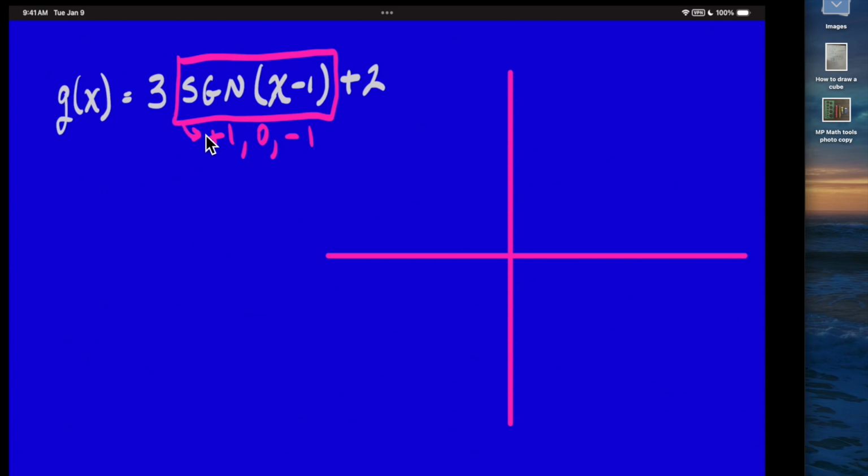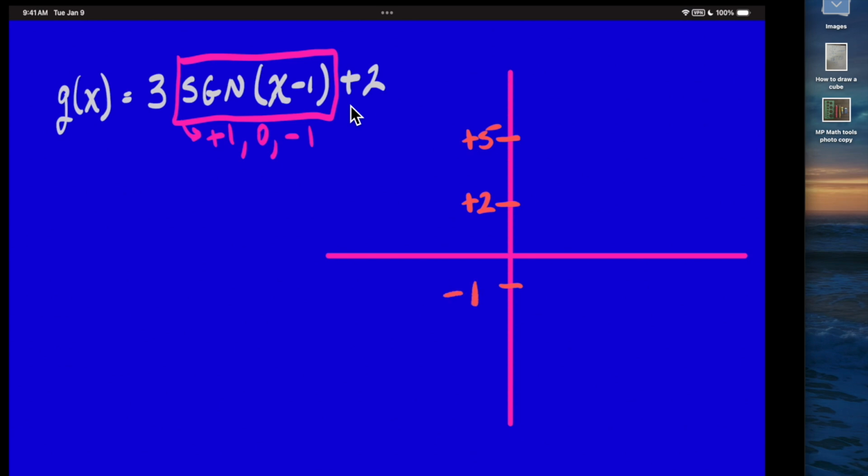We're going to get 3 times +1 is 3 plus 2 is +5. We're going to get, this is 0, 3 times 0 is 0 plus 2 is +2. And the final is, if this spits out a -1, we're going to get 3 times -1 is -3 plus 2 is -1.